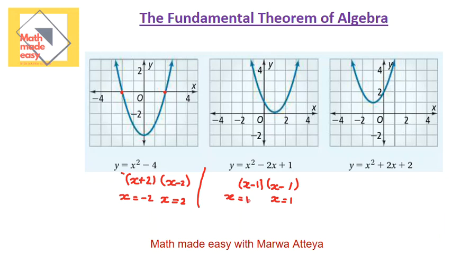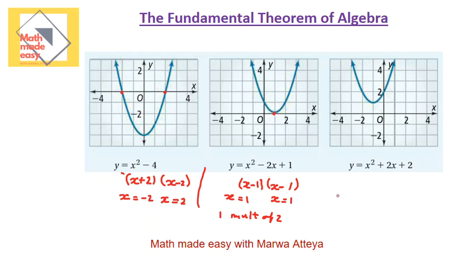I believe it's number 3. We can see that the zero here is 1 and it has a multiplicity of 2. So the zero is 1, x is equal to 1, and it happened twice. And this is why, as we discussed multiplicity before, when the graph came at x equal to 1, it did not cross the x-axis. No, it went back up, because here it has a multiplicity of 2, or an even multiplicity.